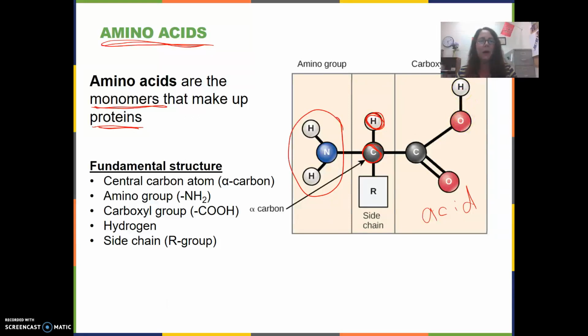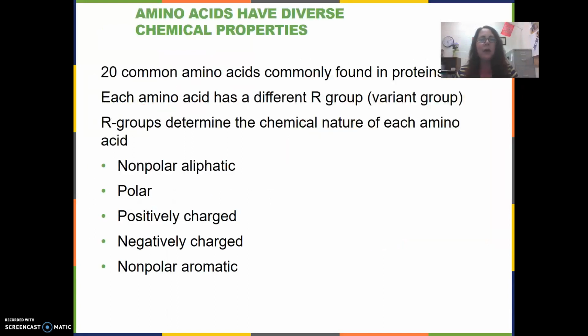The R group is the part that can be any atom or group of atoms. It is the side chain. It's what makes amino acids different from each other. There are 20 different R groups for the 20 different amino acids.